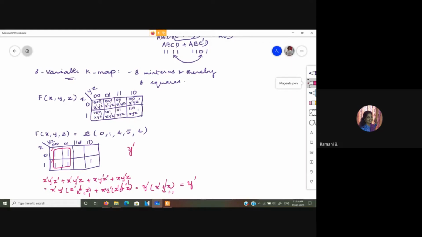Now as you check this min term corresponding to 6, you cannot see any adjacent one over here. However, this is adjacent to this particular one. You need to check that by folding it at the center.